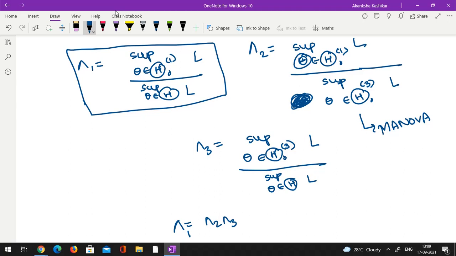So this lambda 2 is nothing but your lambda 2 coming from MANOVA, and lambda 3 is coming from the earlier test, equality of K dispersion matrices, the test that we just now derived. So if you have already carried out these two tests, then you can simply take the product of these and get lambda 1.